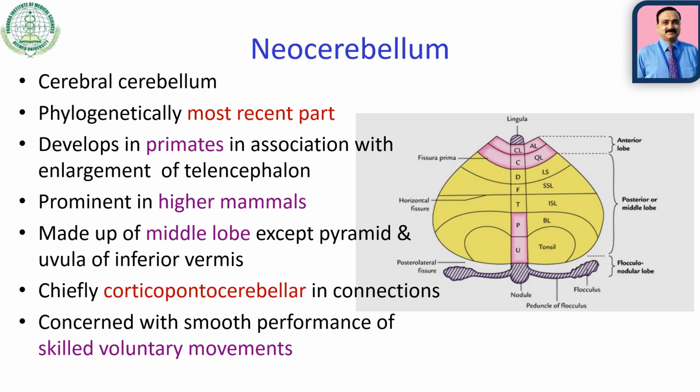So in short, morphologically the cerebellum is divided into three: the archicerebellum, made up of the lingula and flocculonodular lobe; the paleocerebellum or spinocerebellum, which is made up of the anterior lobe except lingula and the pyramid and uvula of the posterior or middle lobe; and the whole of the posterior or middle lobe except pyramid and uvula constitutes the neocerebellum, also called the cerebrocerebellum.